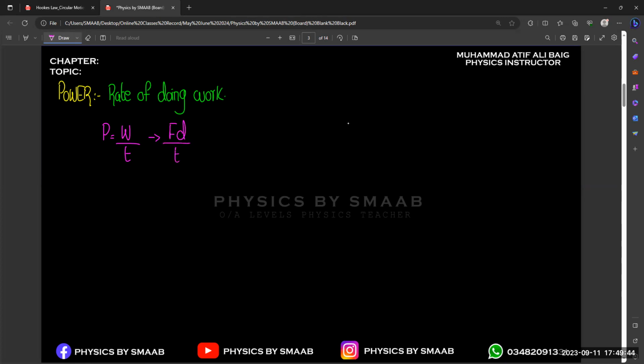So it depends upon the question, because sometimes quantities are not given directly. So we can use the indirect formula, FD over T, or in simple words, you can also say that your power is actually the rate of change of energy also, right?